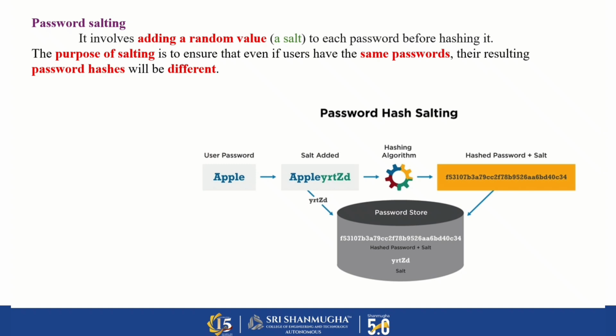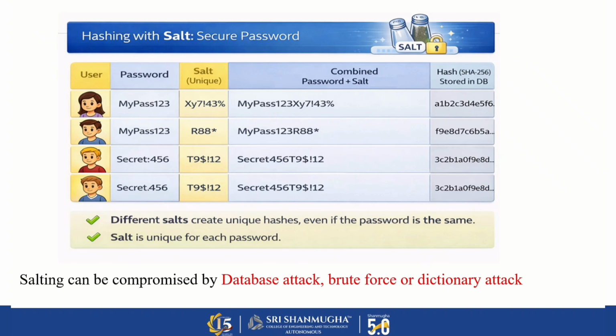So as a summary, the salt is nothing but a random key value that is generated by the system for each and every individual user. See here, for example, for this girl the password is mypassword1123. Another guy is also using the same password.